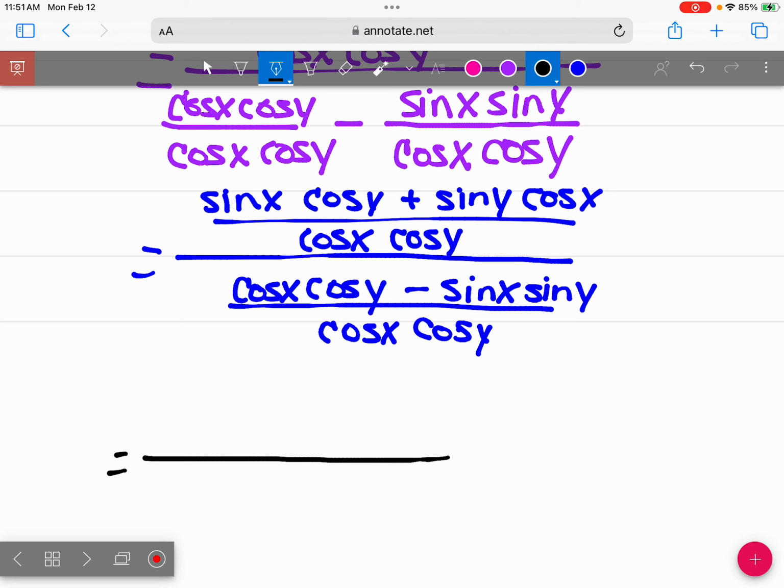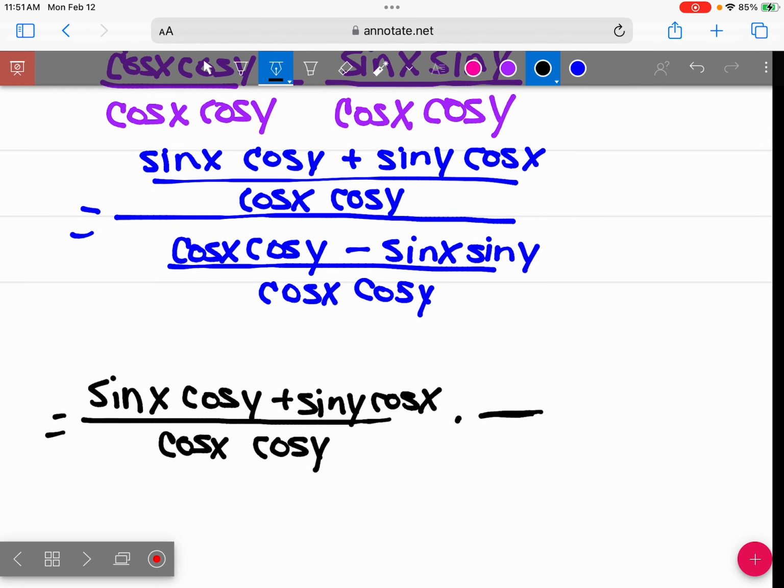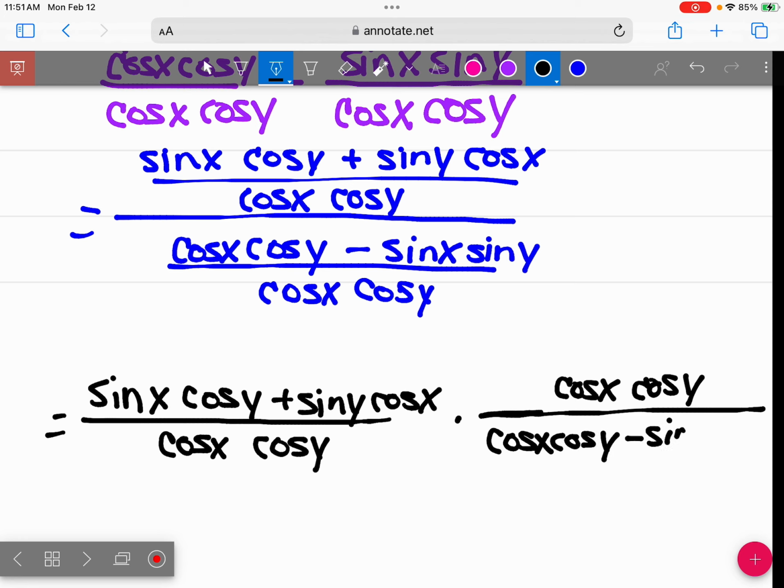So I'm going to write this all again, one more time, to write every single piece here before we can start canceling stuff out. Sine x cosine y plus sine y cosine x all over cosine x cosine y. And we're going to multiply by the reciprocal. So we're going to have cosine x cosine y over cosine x cosine y minus sine x sine y.